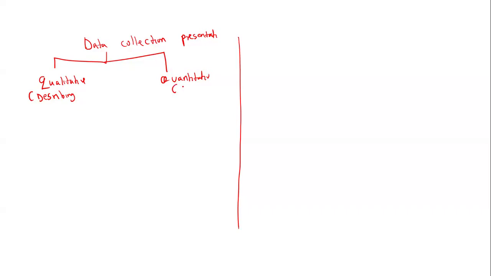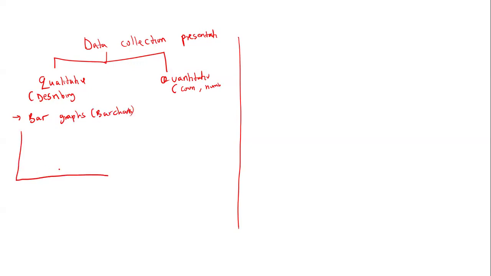Then quantitative, this is the one that you can count, things of numbers and the rest of that. Now, when we are presenting such data, for something that is qualitative, the methods we use for our presentation are bar graphs, or what sometimes we call bar charts. That is when it comes to qualitative data.